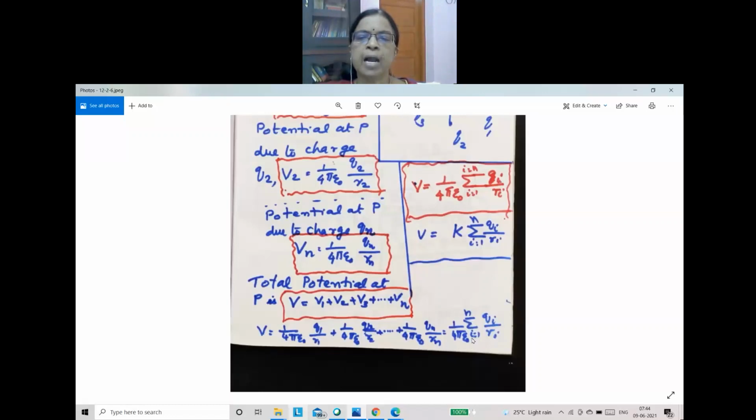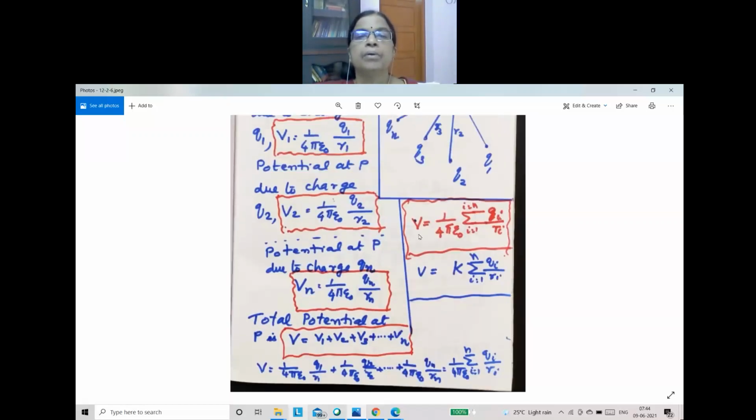Then sigma i equal to 1 to n, because q1, q2, q3 are varying, so we put qi, and r1, r2, r3 are also varying, so we put ri. So V is equal to 1 by 4 pi epsilon 0 sigma i equal to 1 to n qi by ri. That is the expression for the potential due to a large number of charges, n charges.